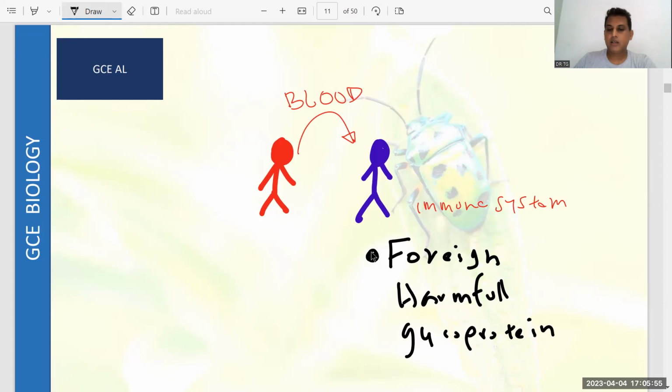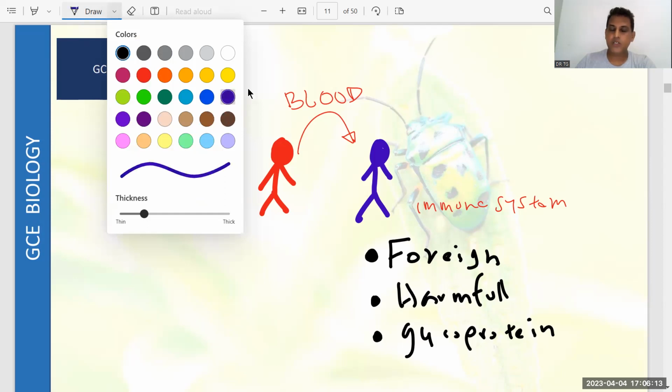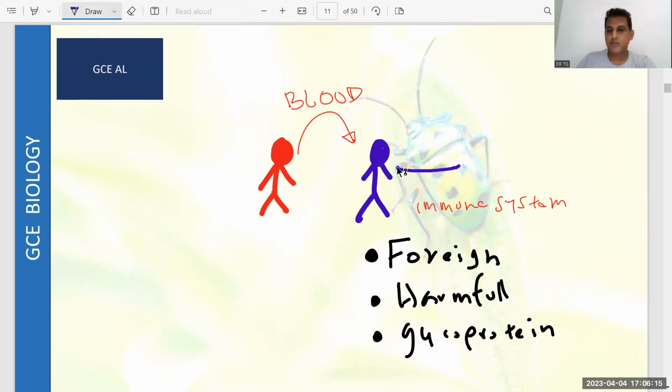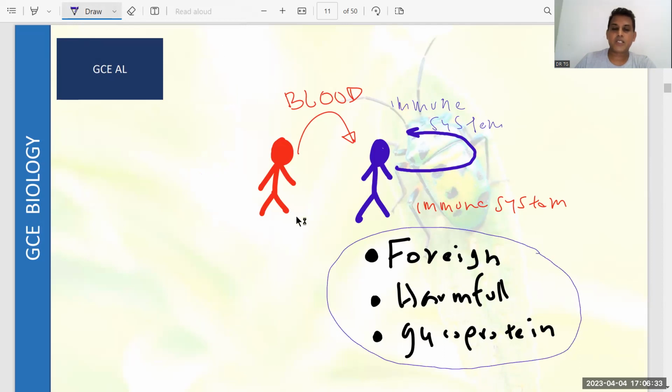These molecules are not in the blue-colored person's body, and the immune system thinks it is a harmful situation, and these molecules are mostly glycoproteins. Then, as we learned, the person's immune system activates against these things coming from the person colored with red.